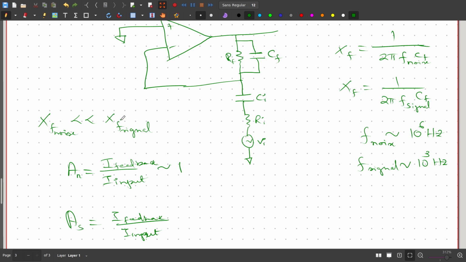As a result, this impedance is 3 orders higher than the feedback resistance. So we know that the gain of the signal is very much higher than the gain of the noise. By adding this extra low capacitance, we have reduced the gain of the noise to unity level.